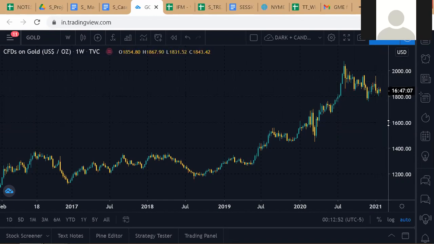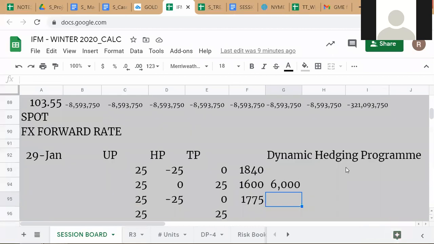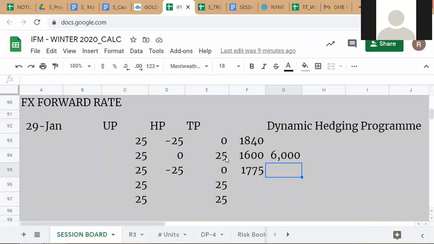Buy back your short hedge of 25, go to zero hedge position. Then wait for the bounce, it comes here, and you sell it again, it goes down. Again, you buy back, you see a bounce coming, it goes up to 1650, then you sell it again. So you keep buying and selling based on your market view, keep adjusting your hedge position. Your total position keeps becoming fully unhedged, fully hedged, fully unhedged, fully hedged, like that. It keeps bouncing as you keep playing with your hedge position.